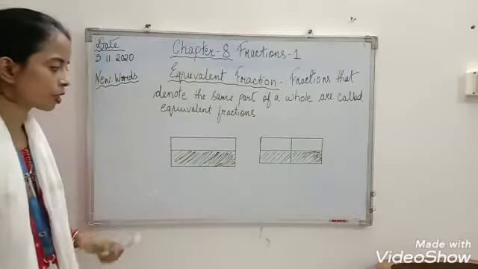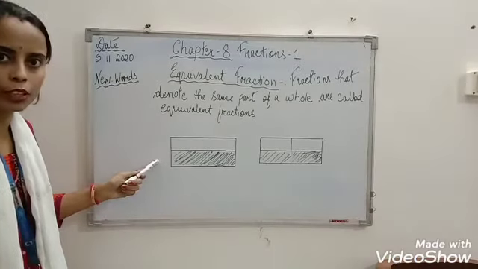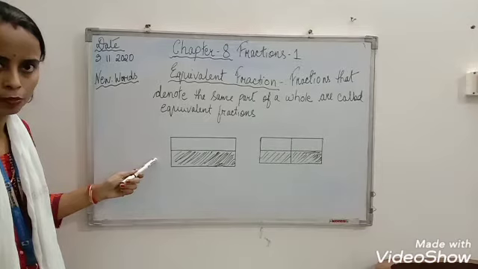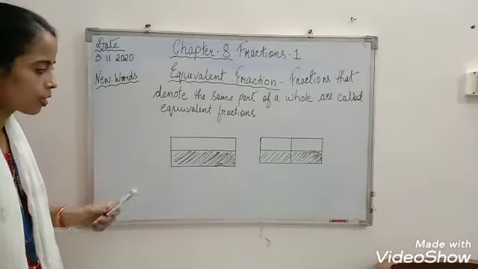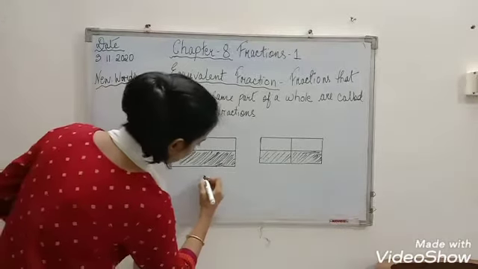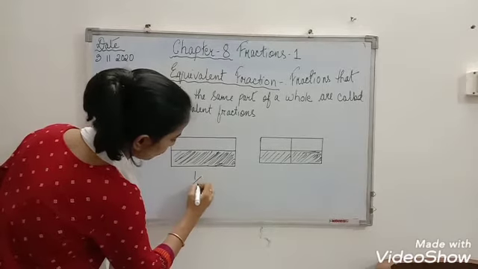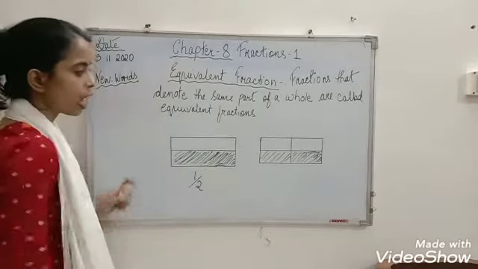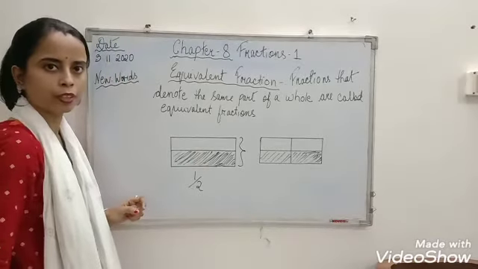Now see here, this shows what? This rectangle is divided into how many parts? 2 parts. And this actually represents what? 1 out of 2 equal parts. Out of 2 equal parts, 1 part is shaded.